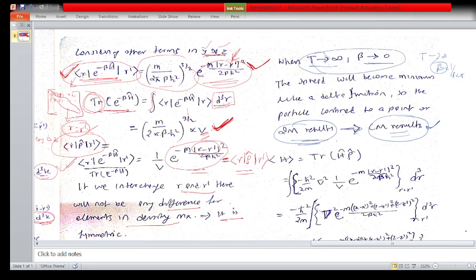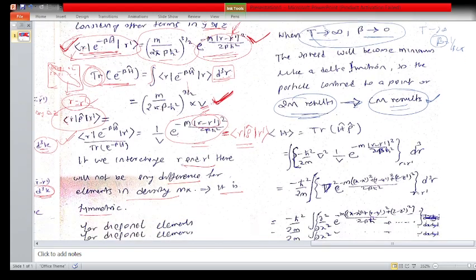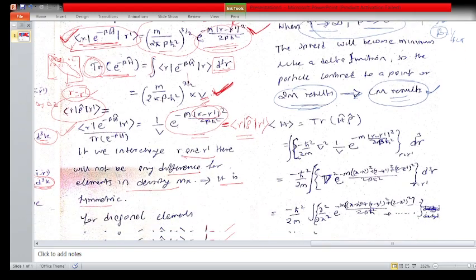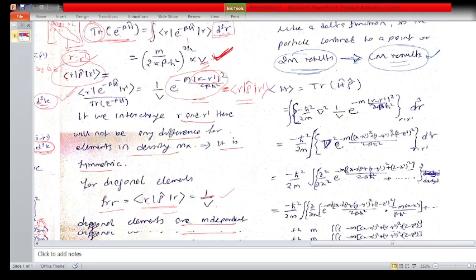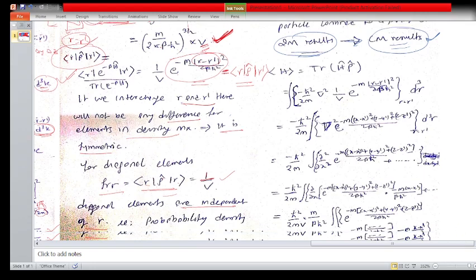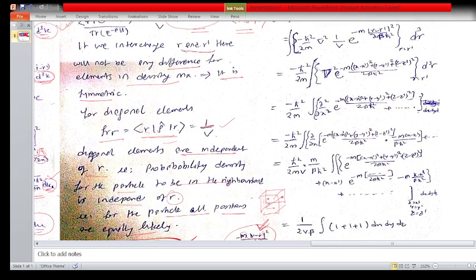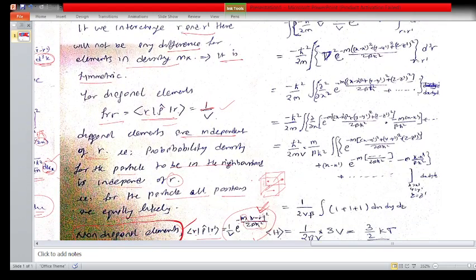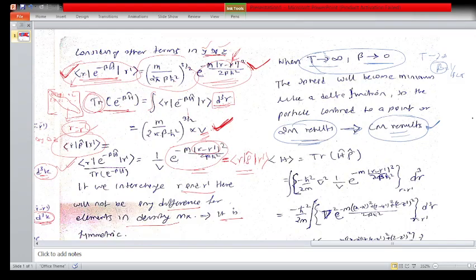That is about the off diagonal elements in the density matrix, which give you the spread of that particle wave function from the central position. Or if you are considering a wave packet, from the center of the wave packet, how much it is spread.